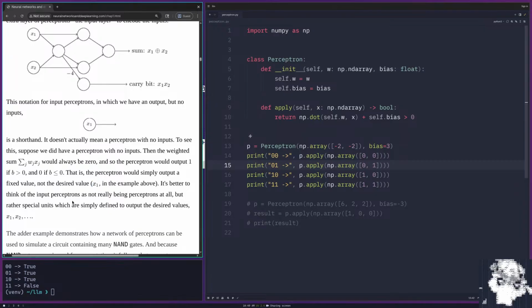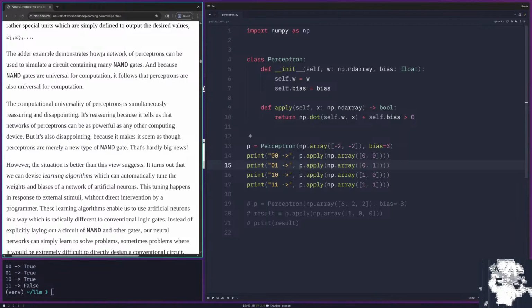It's better to think of the input perceptrons as not really being perceptrons at all, but rather special units which are simply defined to output the desired values, x1, x2, etc. Okay, so they're not perceptrons. Not sure why we even label them as though they are perceptrons.